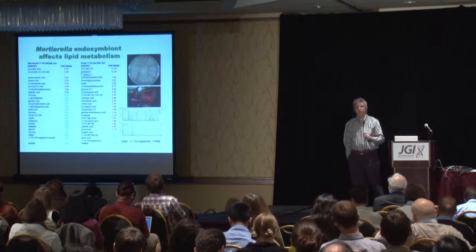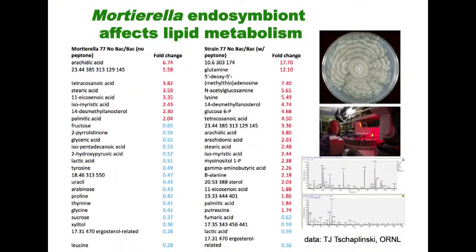And the strongest evidence of that occurred when we cured the fungi by using antibiotics and then looked at their behavior. And this is work by Tim Chaplinsky at Oak Ridge, looking at metabolic profiling of these fungi with and without their endobacteria.